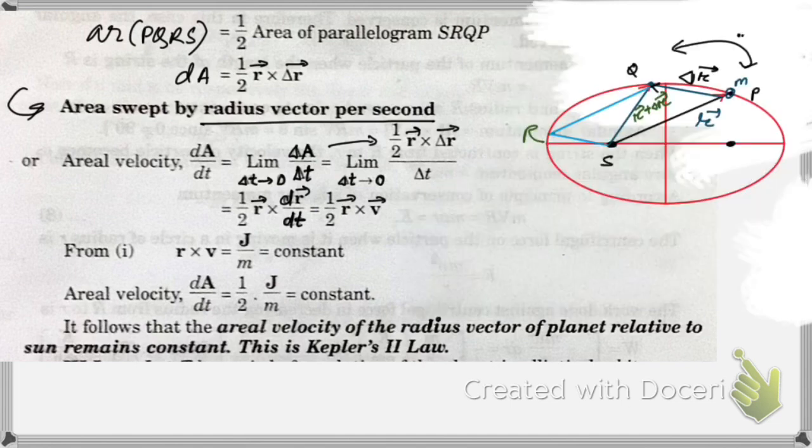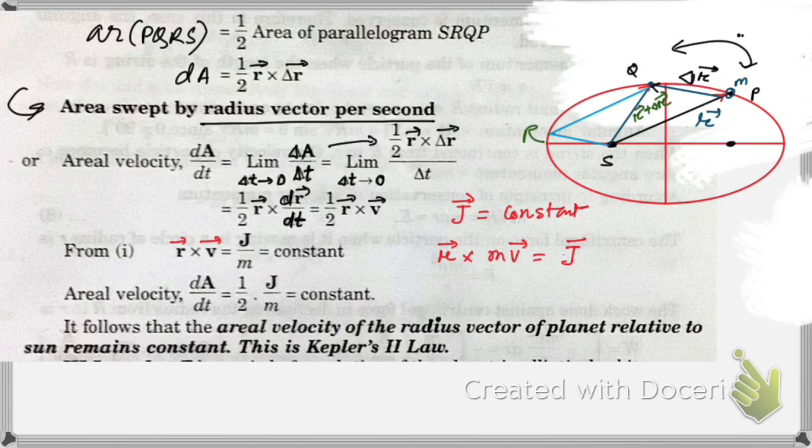So now you see, we have already shown that the angular momentum J vector is constant, and we know angular momentum J is equal to r cross mv vector.